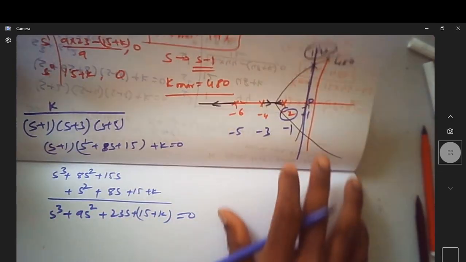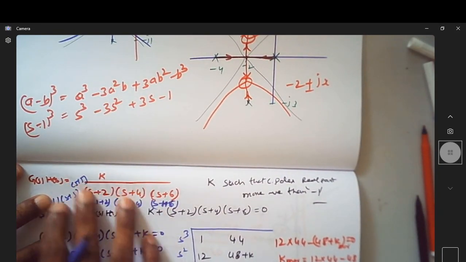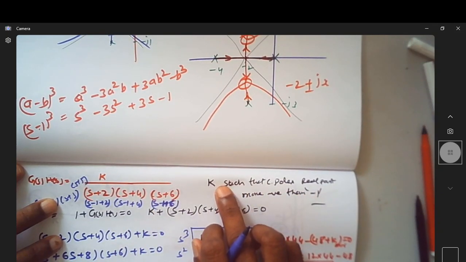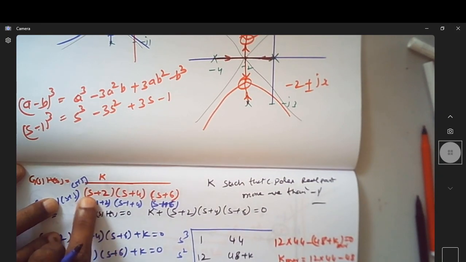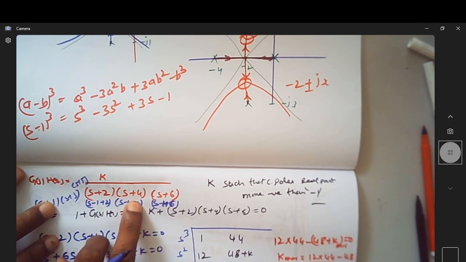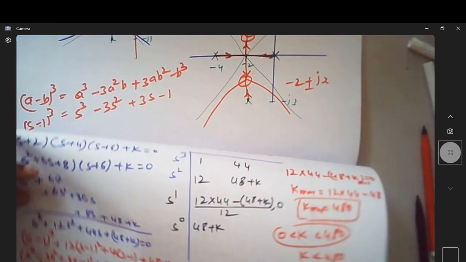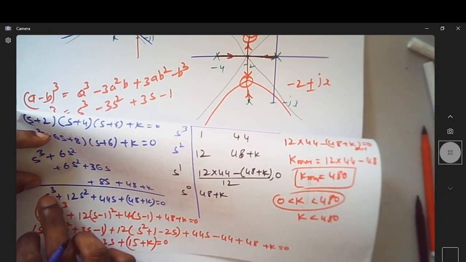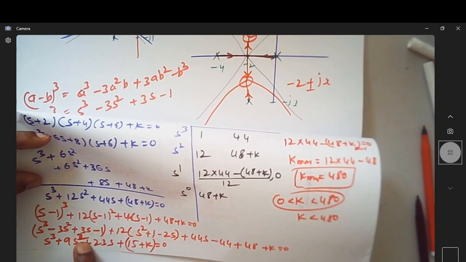What I mean to say is, if you know the pole position and you want to find the value of k such that poles are more negative than minus 1, here itself you can replace s by s minus 1. Suppose you don't know the pole position but you know the characteristic equation, then you have to replace s by s minus 1 to get a new characteristic equation.